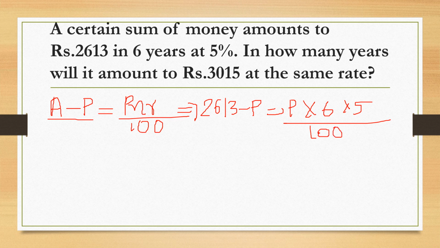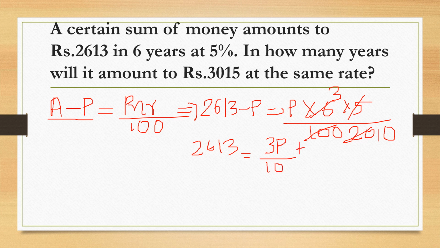We can cut this 5 and 100: 5 into 20 is 100. And we can cut this 6 and 20 also by using 2: 2 into 3 is 6 and 2 into 10 is 20. So we will get 2613 is equal to 3P by 10 plus P.